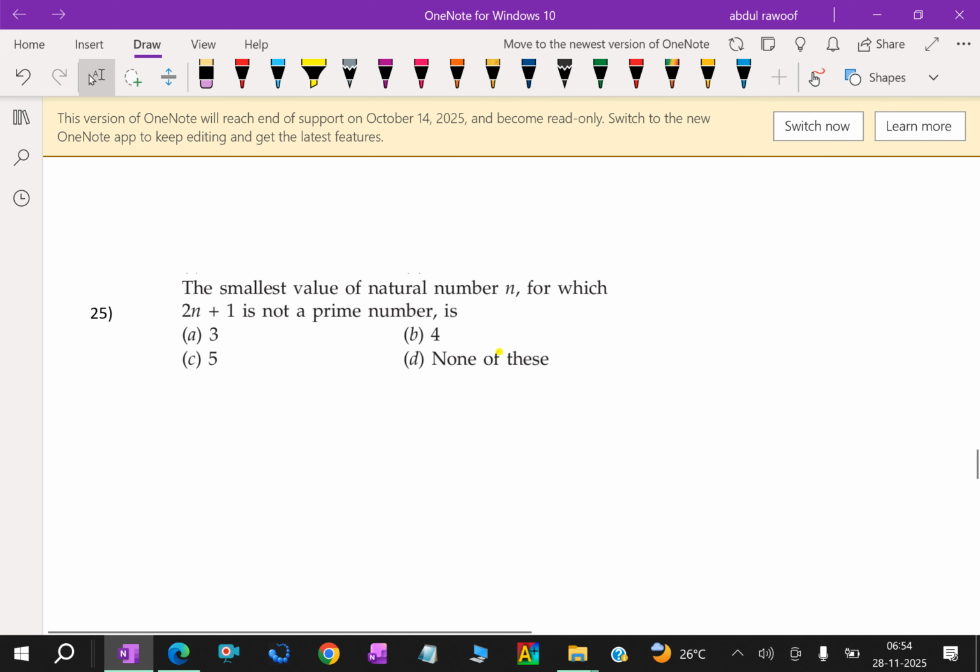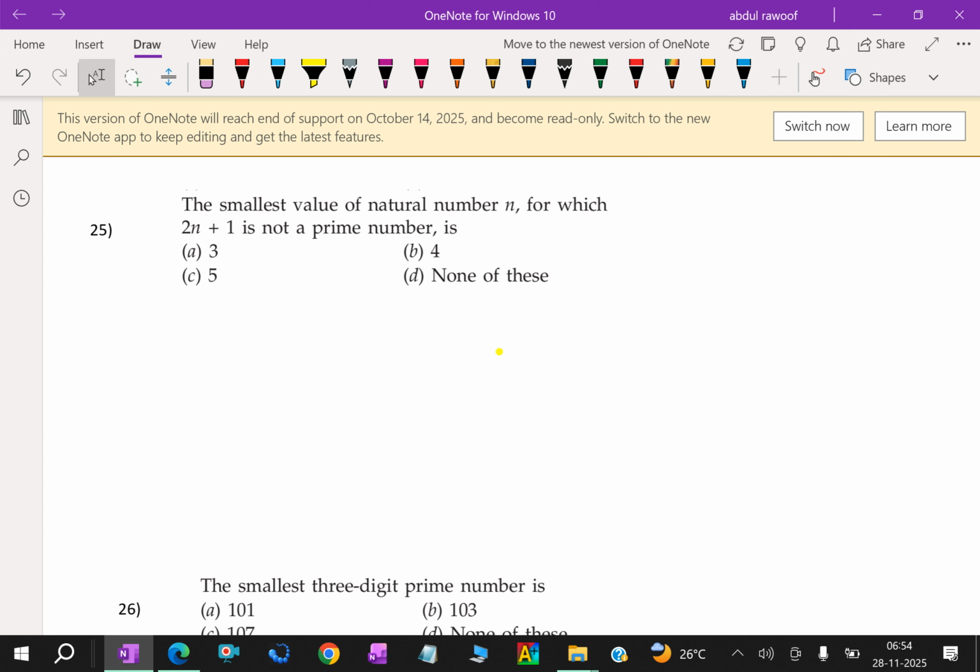Next question. The smallest value of natural number n for which 2n plus 1 is not a prime number. So we have to try some values first. Look at this. Putting n equal to 1, 2, 3, 4. n equal to 1, that is 2 into 1 plus 1 equal to 3.